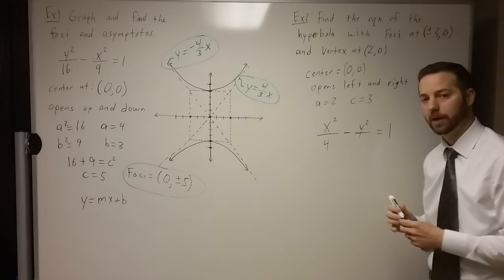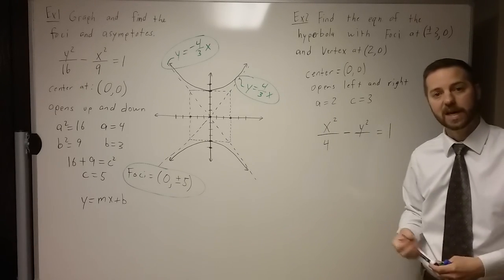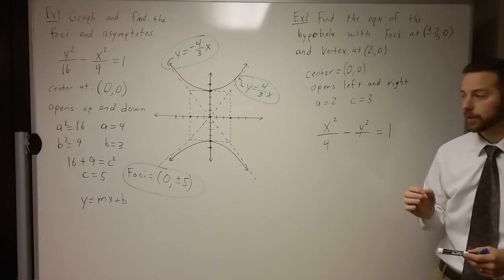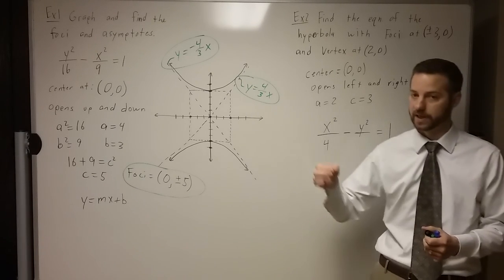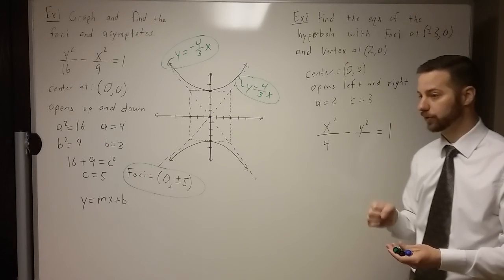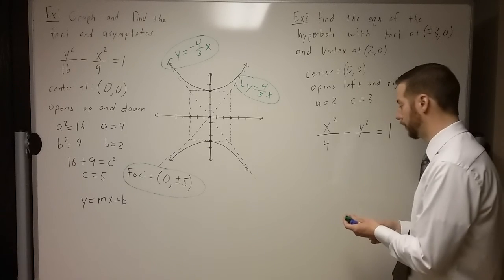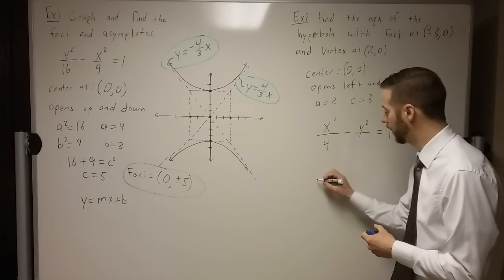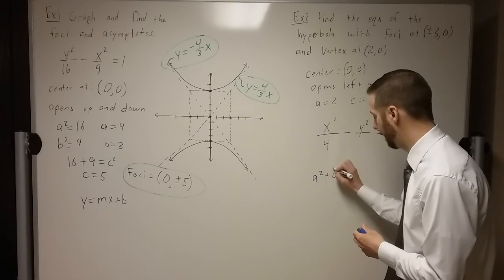We run into a slight problem there, because do you notice we know a and c, but we don't know anything about b yet. So we're going to have to do something to figure out b. This is where our a squared plus b squared equals c squared relationship between those three lengths comes into play again. We have a squared plus b squared equals c squared. We know that's true.